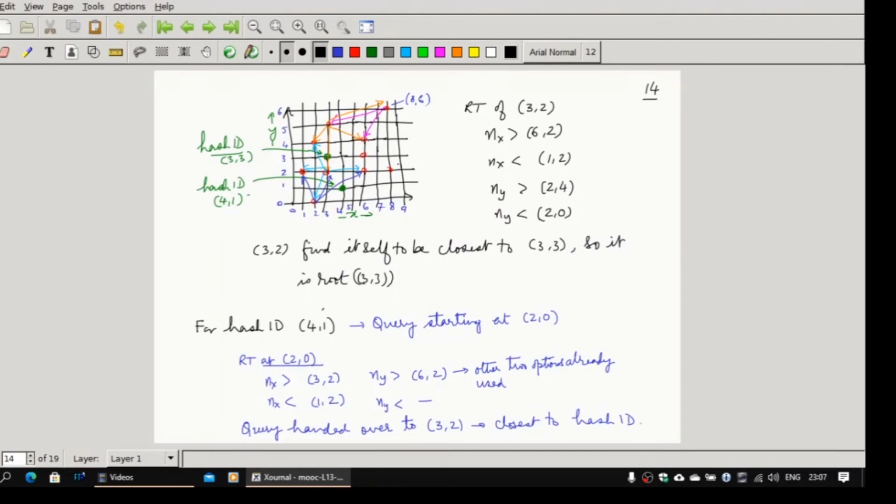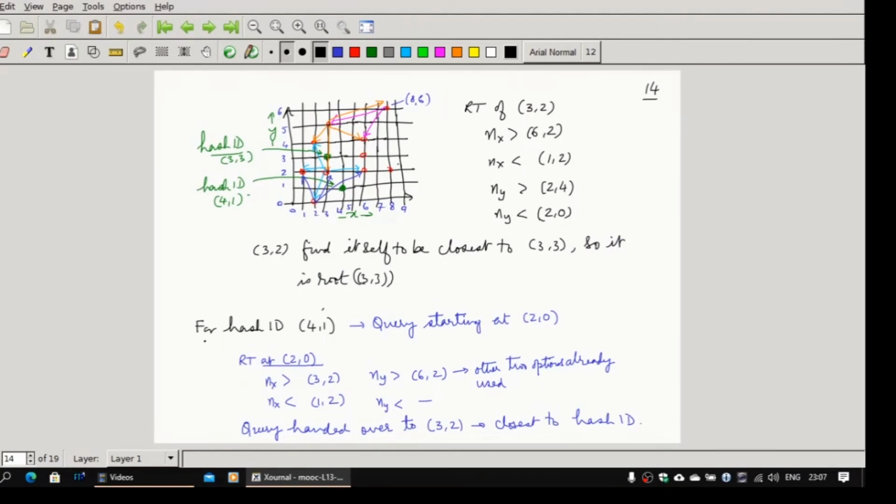On the higher side, the closest node is this; on the lower side, this; on the upper side, this; on the lower side, this. It will find out how far 3,3 is from each of these 4 entries and from itself. It finds that it is itself the closest one, so it should be the root node.